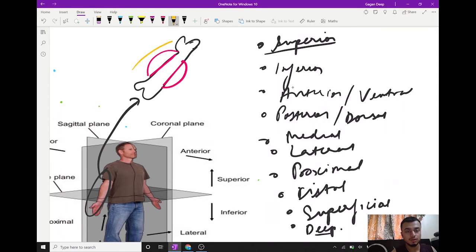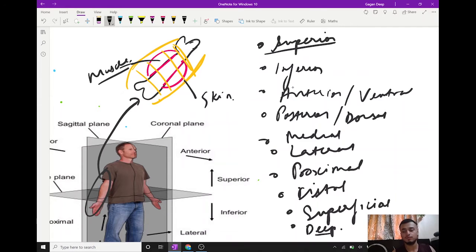So this is our skin on top. I hope you can understand this diagram. So what is on top? It's the skin. What's deep? It's the muscle. Deep is also known as profundus in Latin. Superficial is also known as superficialis.